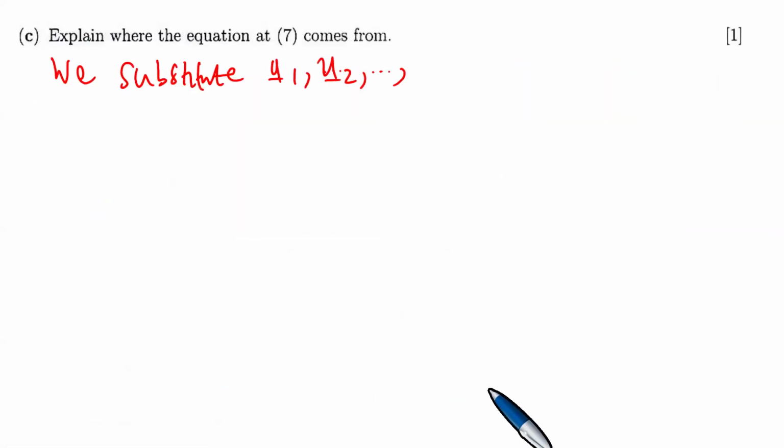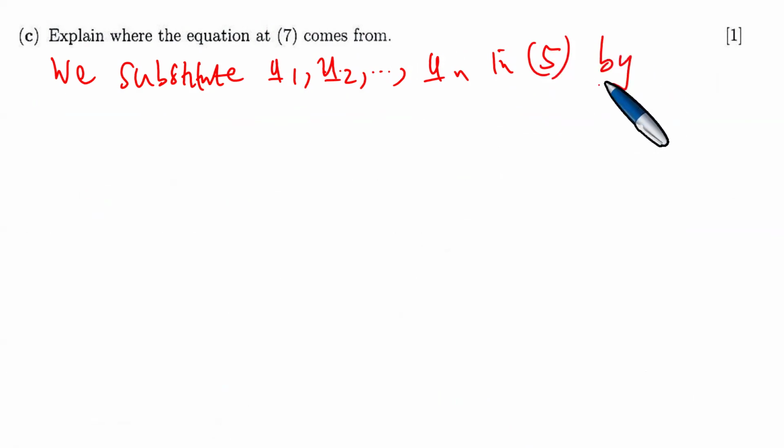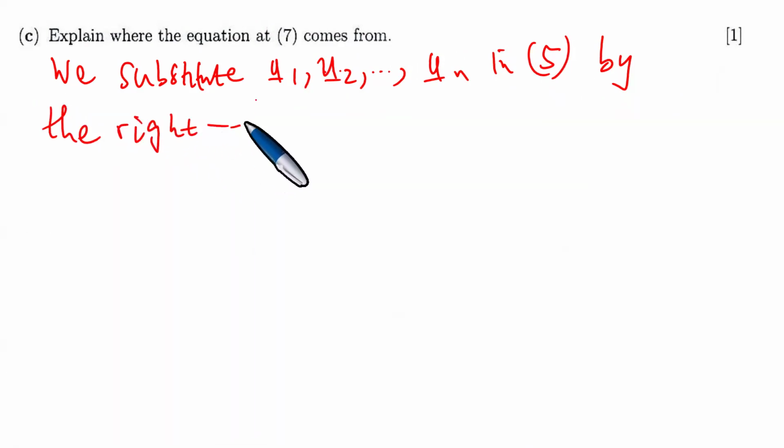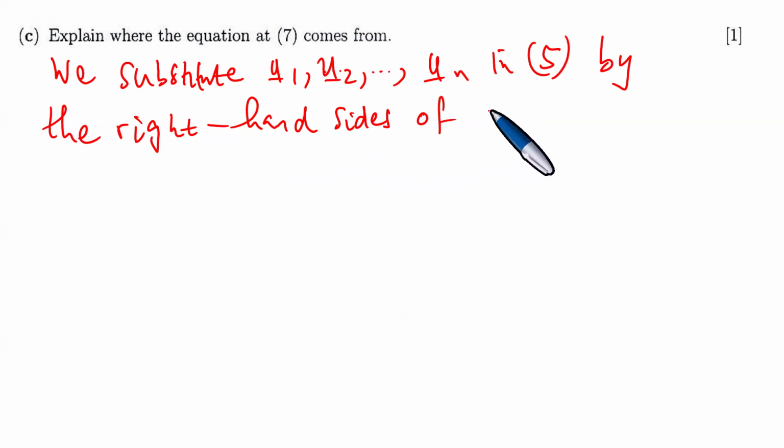Right, so that's what we say. So we substitute U1, U2, and then up to UN in 5, by the right hand sides of 4.